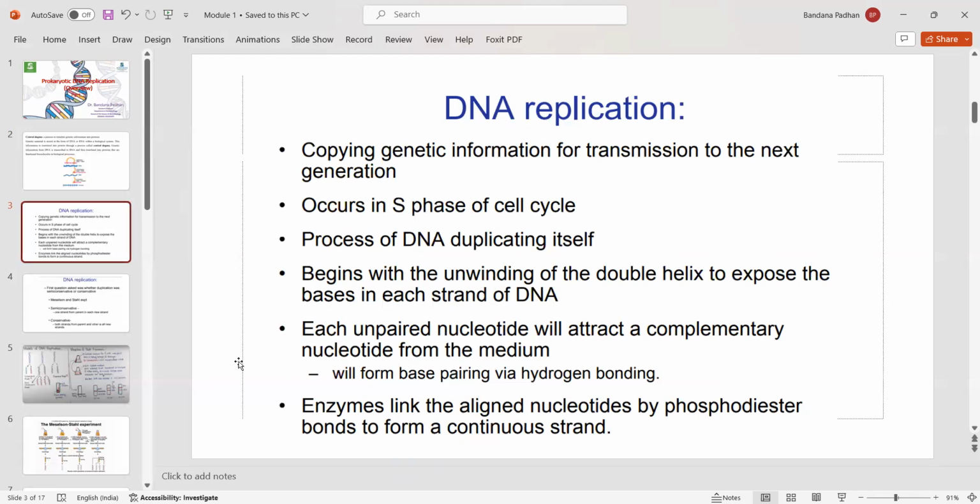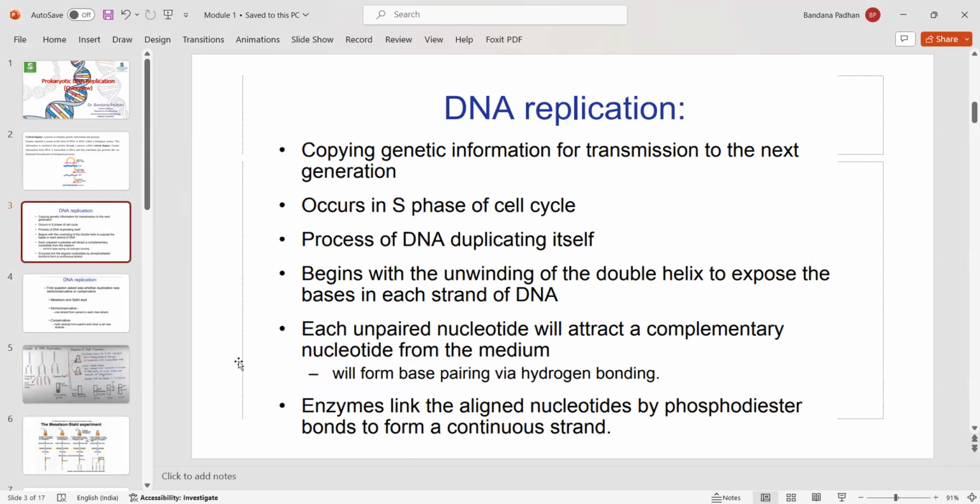The overall idea is, as we know, DNA is a double helical structure. During DNA replication, it will unwind the double helix to expose the individual bases of each strand, and DNA is synthesized by making a new copy of the strand, taking the parental strand as a template.